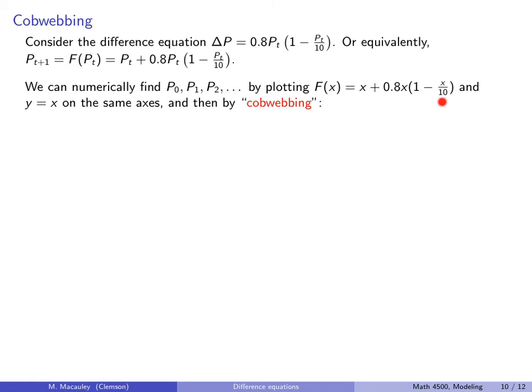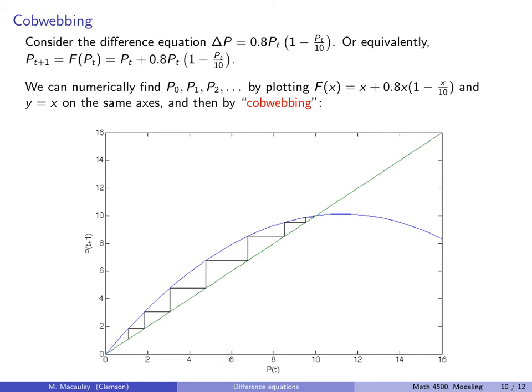This is some sort of upside down parabola, and we will plot this and the line y equals x on the same axis, and then do a technique called cobwebbing. So let's show the picture. This is the final product. I'll show you how we got this step by step.